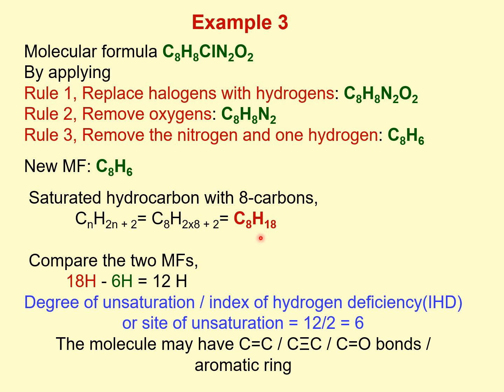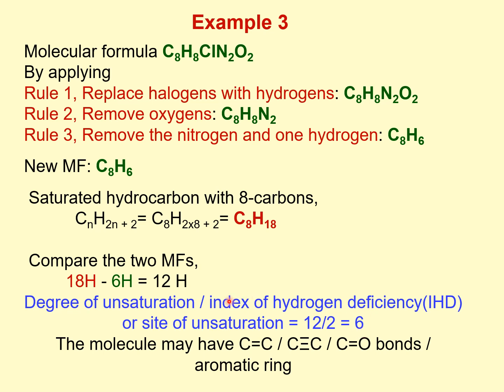We will take the difference of the hydrogen numbers of the saturated analog and the newly generated molecular formula, which is 18 hydrogens minus 6 hydrogens. 12 hydrogens are less. So the degree of unsaturation is 12 divided by 2. It gives the answer 6.